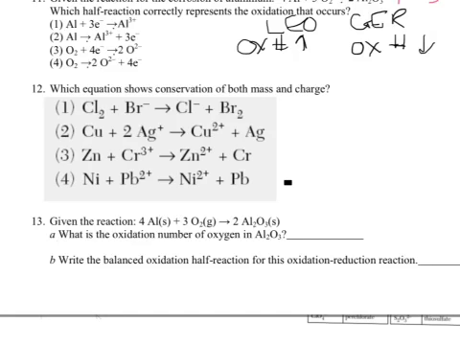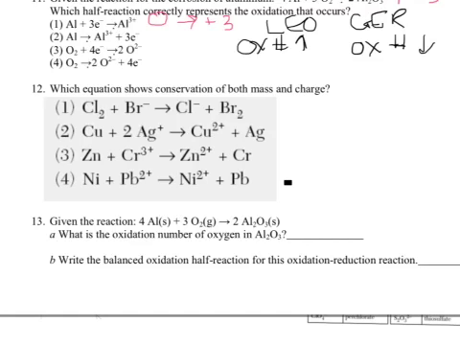So in the first choice, we have aluminum, which has an oxidation number of 0 because it's by itself and nothing is given. And here aluminum, the atom with the oxidation state of 0, is going to be forming an aluminum ion with an oxidation state of +3.